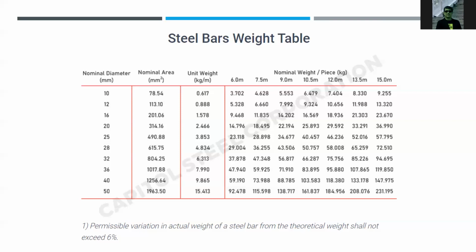If the beam is about 8 meters, you can buy a 9 meter length rebar so that the 0.5 will be bent on one side and the 0.5 will be bent on the other side. But if there is what you call an L over 4, maybe you can buy 2 rebars, a 6 and a 7.5.